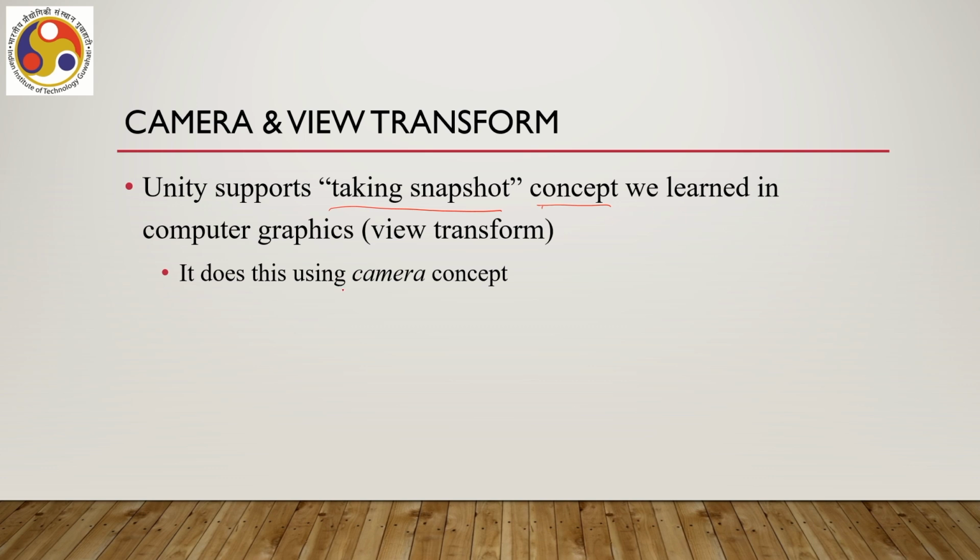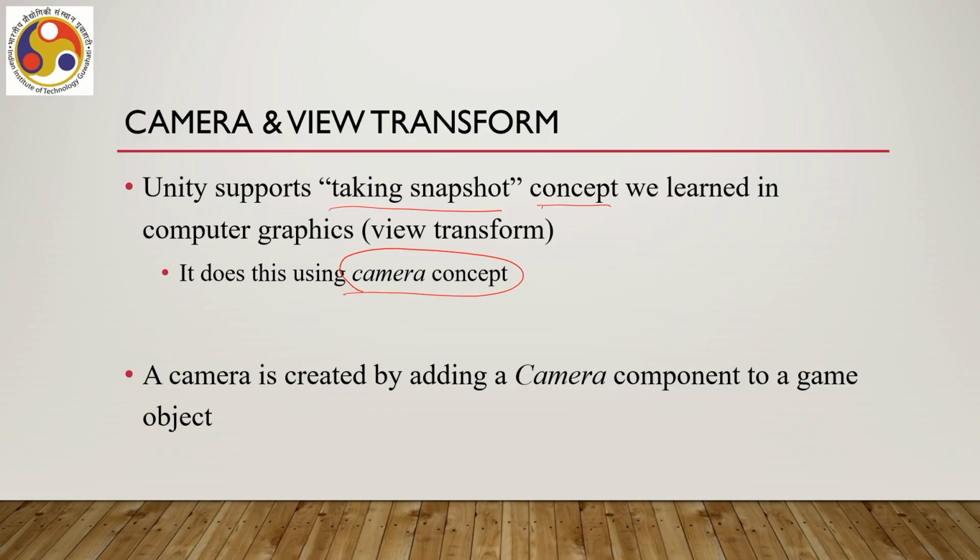So, this is done by the camera concept. It allows us to set up a camera and then accordingly it does other calculations on its own. Developer does not need to do anything. Now, a camera can be created by adding a camera component to a game object. That is the standard way of performing operations in Unity.